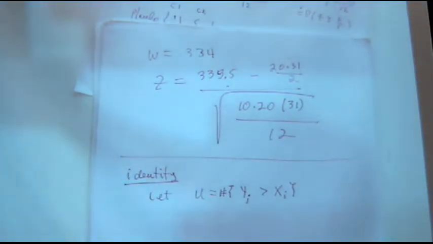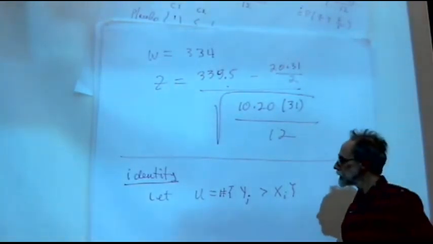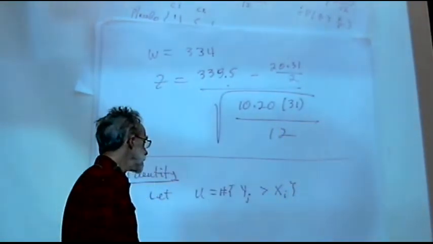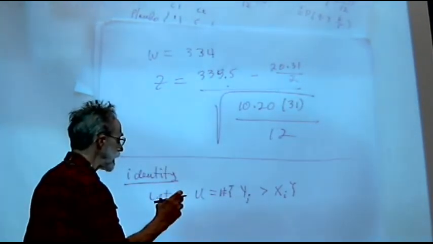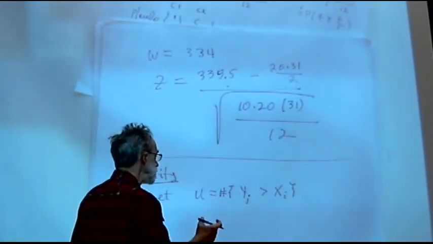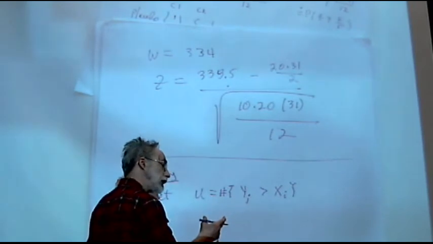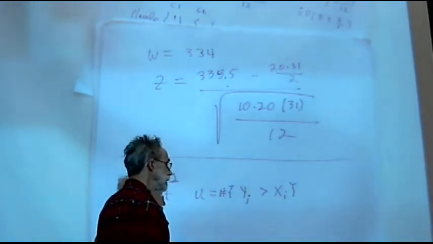This is a very intuitive test statistic also because it's just the number of times y beats x. When I teach an elementary class, sometimes I just use this form of the test statistic. It's like every pairing between a y and an x is a match, and then you count the number of times y wins the match. Okay?